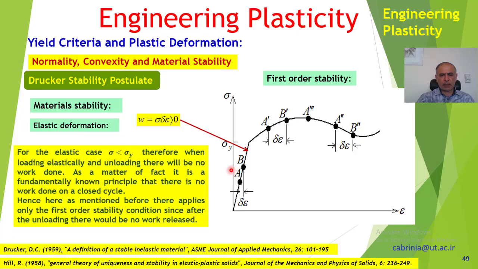Now, for the elastic deformation, which is this part of the curve, we have work equal to sigma delta epsilon. That's the A to B. Supposing we move A to B, we want to know whether it's stable or not. In the elastic part, it is easy because we use the first order stability.